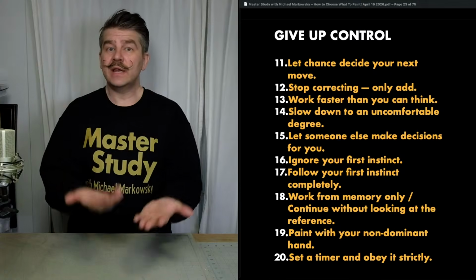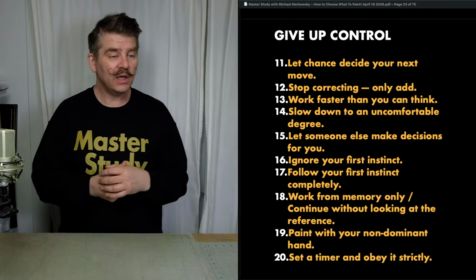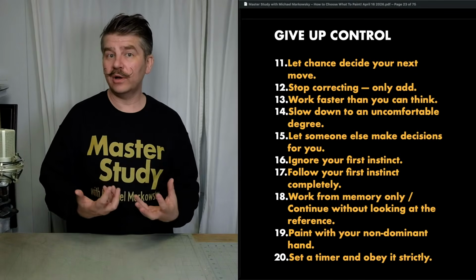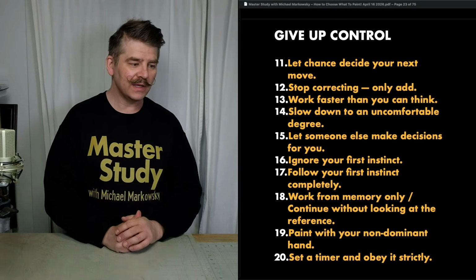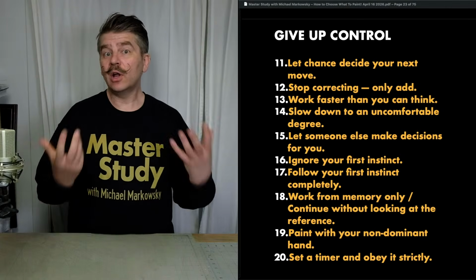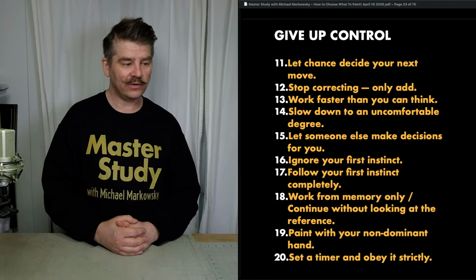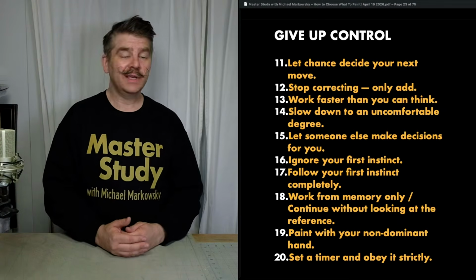So the next possible thing here is giving up control. Different ways that we could give up control in the creative process to help get an idea off the ground. Number 11 is let chance decide your next move. That's basically a lot of what the surrealists were doing in the 1920s, 30s, and 40s, using chance operations.